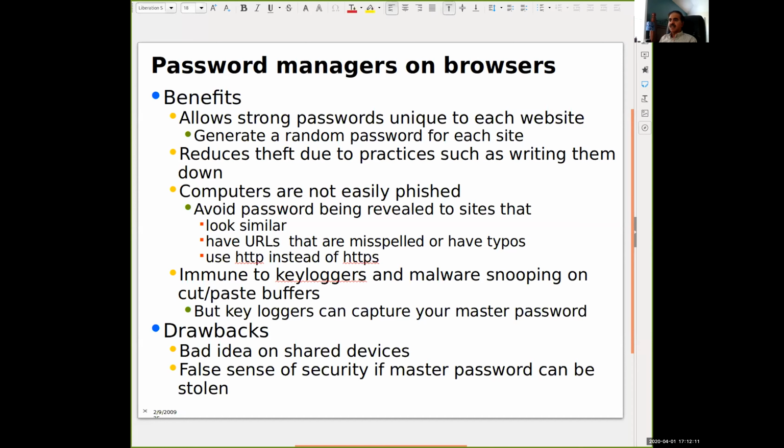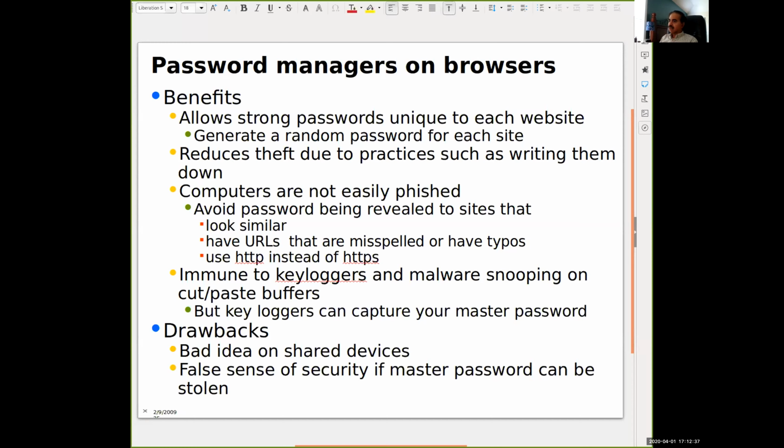Let's say it's ABC Bank, right? You go to ABC Bank, you set up your account, and when you select your username and password, your browser remembers it for abcbank.com. Later on, you make a mistake and type abcdbank.com.